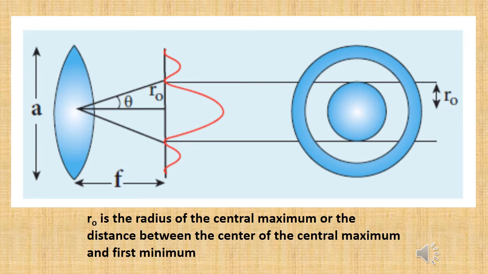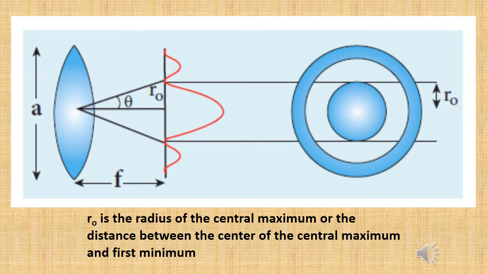This is one of the most important diagrams given in the textbook. By using this, we are able to measure the value of theta and R0. Look at the lens. The aperture of the lens is taken as A, and R0.